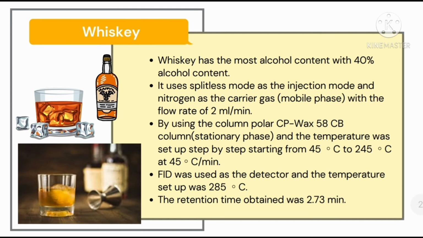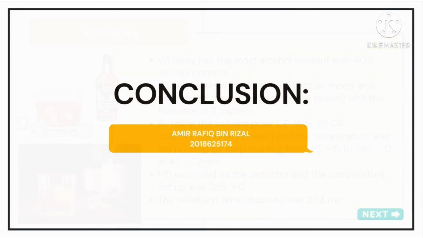Thus, this shows that temperature programming was used in this experiment. FID was used as the detector and the temperature was set at 285 degrees Celsius. Thus, the retention time obtained was 2.73 minutes.